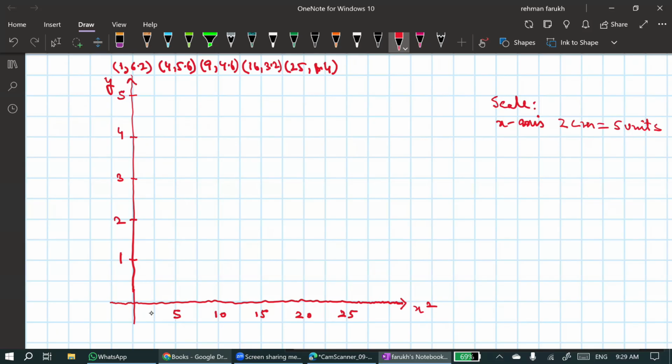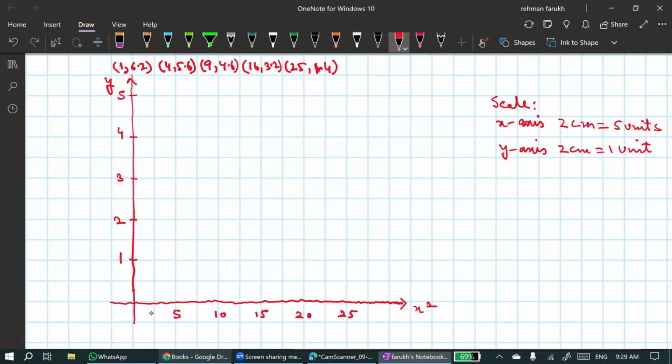For y-axis, the scale is 2 centimeters is equal to 1 unit. Now we will draw the first point, 1 and 6.2.